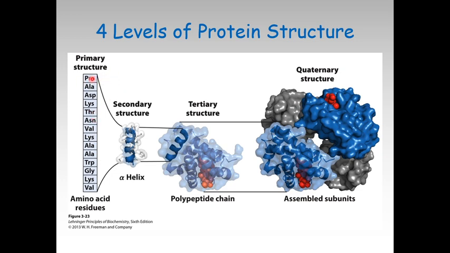Remember, the sequence in this case starts from proline and ends with valine, right? Now, if the sequence starts with valine and ends with proline, it's a completely different protein. Remember, the sequence matters.